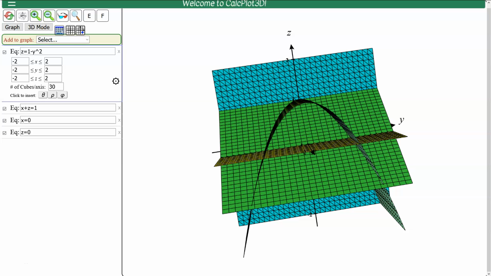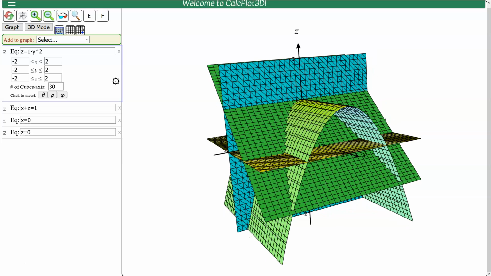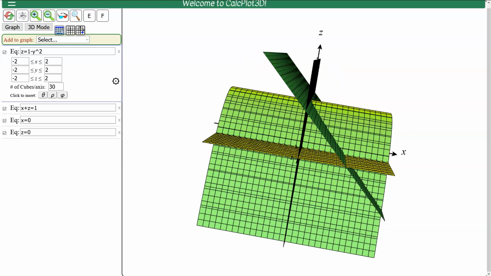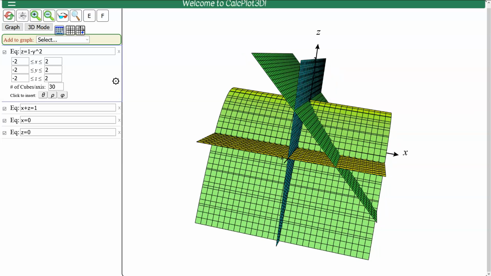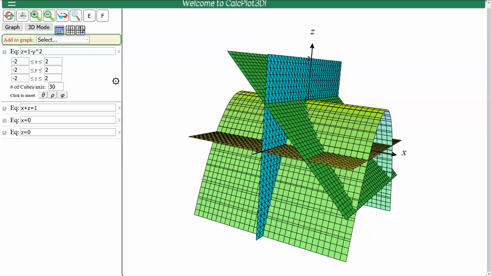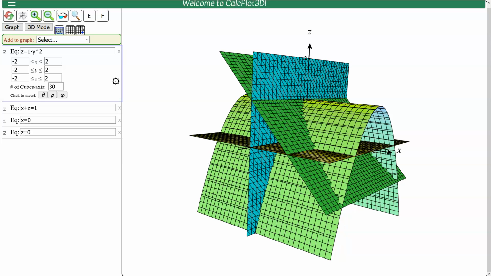So if you're looking at it this direction, what you should notice is x varies from, so it starts off back here. It starts off at that blue vertical plane, which is just x equals 0. And then it goes all the way out to the green plane. The green plane is x equals 1 minus z.